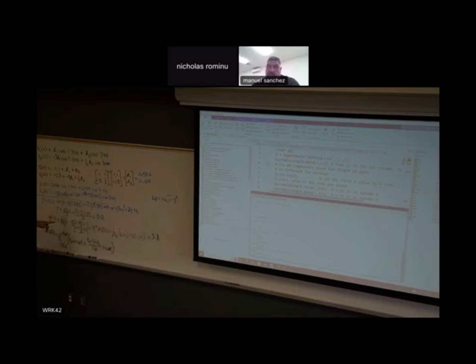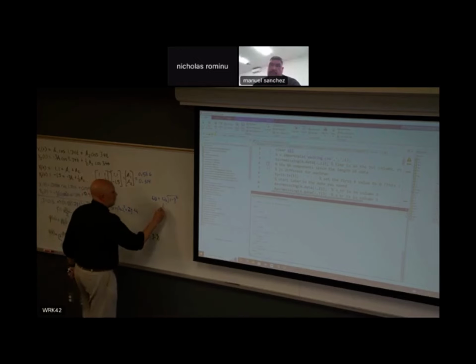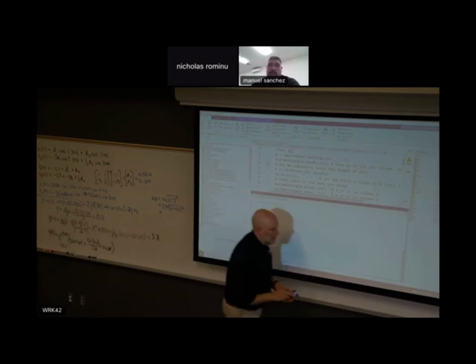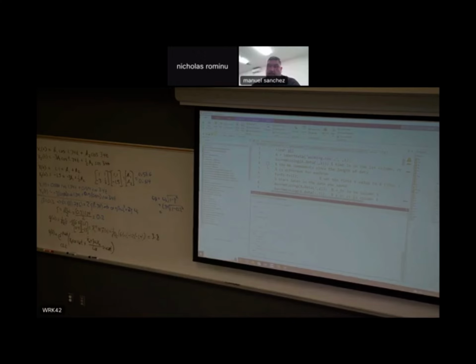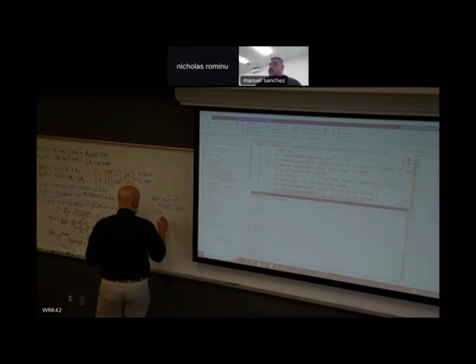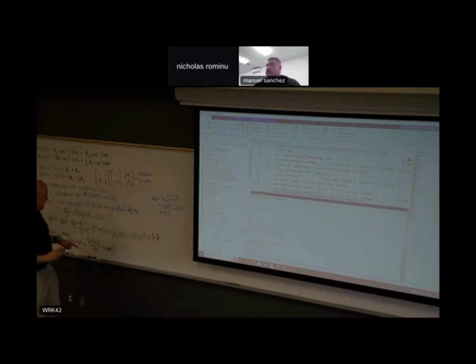So it's 1.4 times the square root of 1 minus 0.2 squared, which is about 1.3. So the frequency it oscillates with damping is omega d.